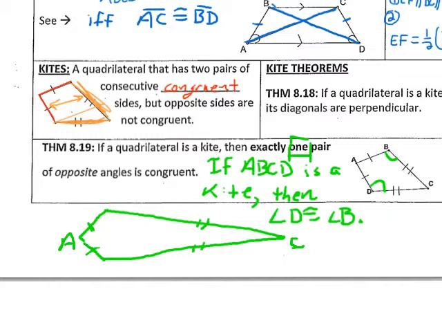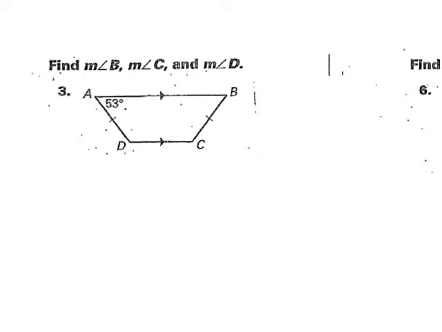This one's pretty large, and angle C is pretty small, so these ones would not be congruent, and that's why this rule holds up. But we would have congruence right here. Okay, so that's why the theorem holds up. So be really careful on quizzes and homework that you don't assume that those two angles, A and C, are congruent.